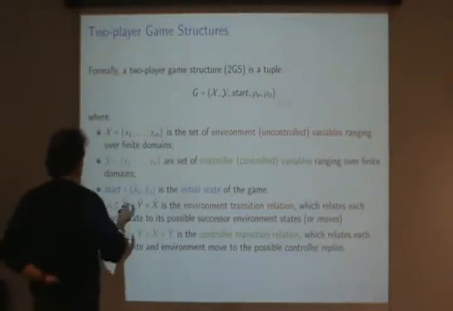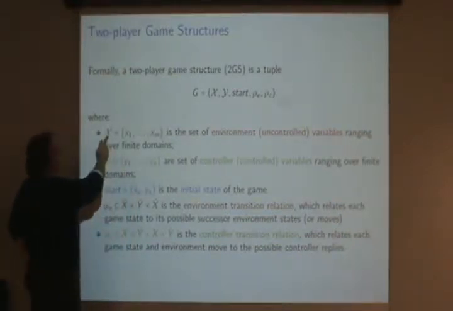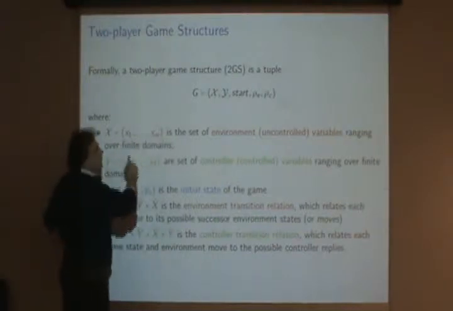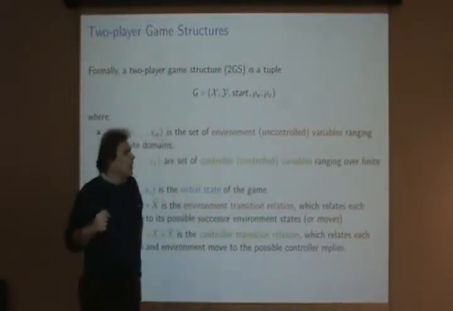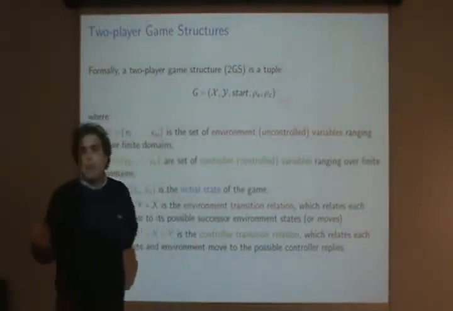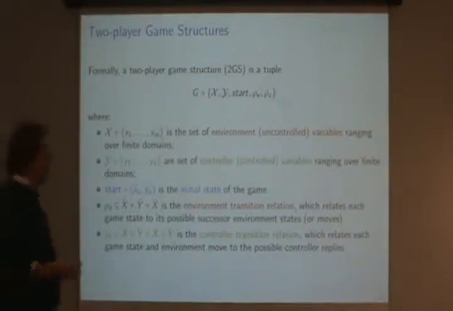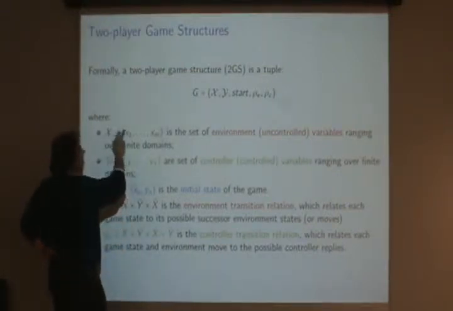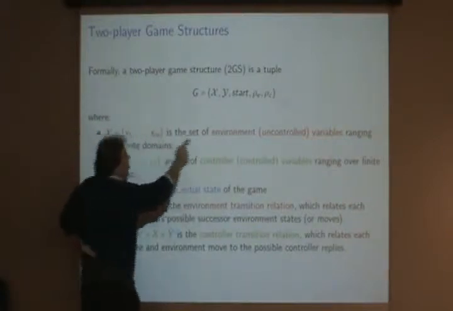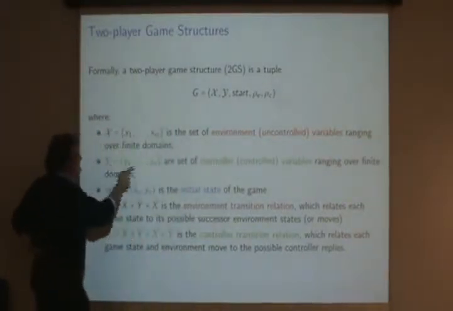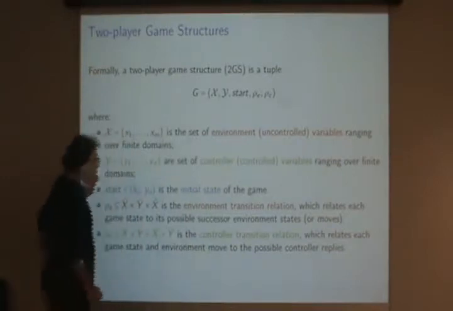In particular, what you normally do is something like this. You take a set of variables that have a finite codomain, so they can assume only a finite number of values. And of all the variables of the system, you consider x as the variable controlled by the environment and y as the variable controlled by the controller.